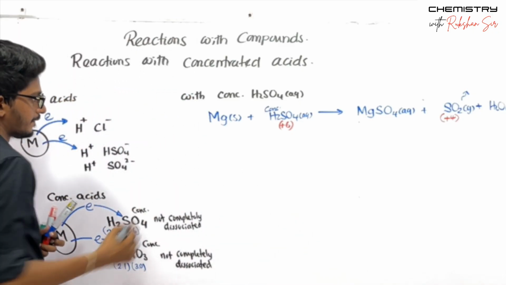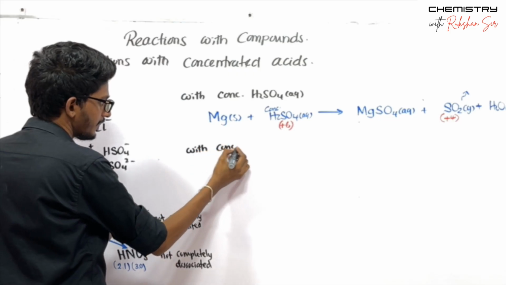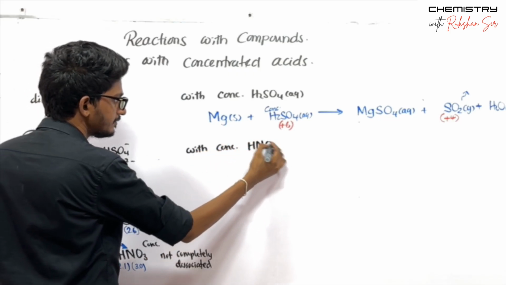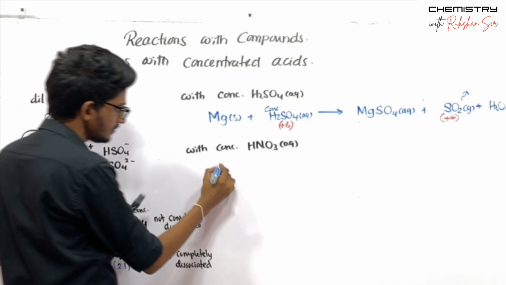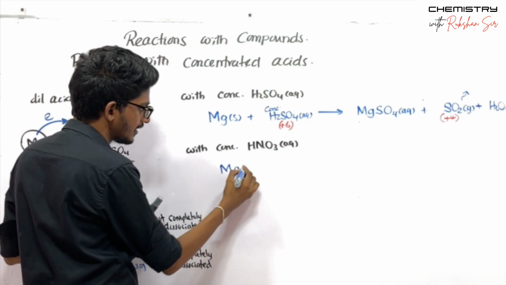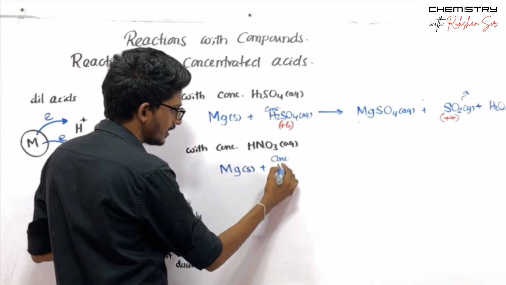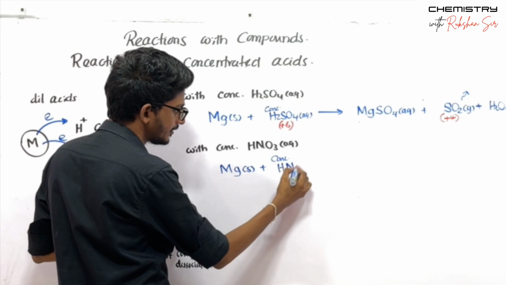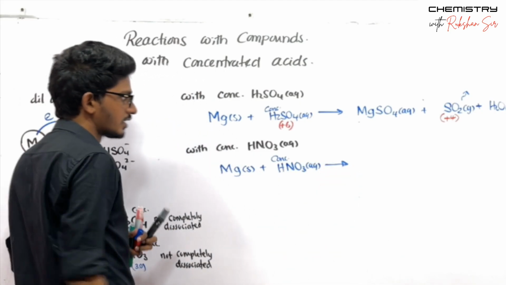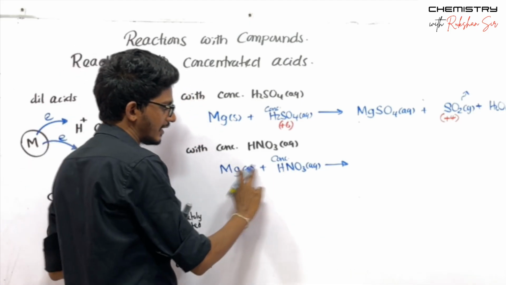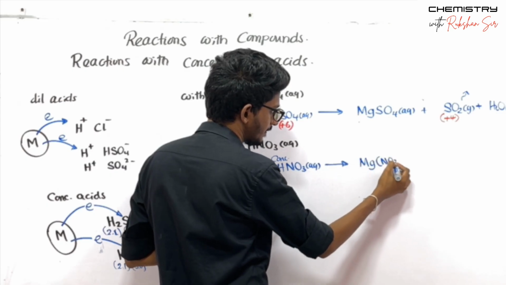So what about the reactions with conc nitric? Let's consider it with magnesium. Normally highly active metals react vigorously with these concentrated acids, extreme reactions will occur. Magnesium oxidizes and connects with the anion to form the salt, magnesium nitrate here.